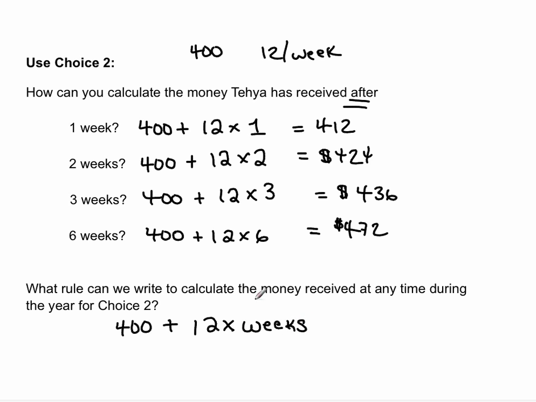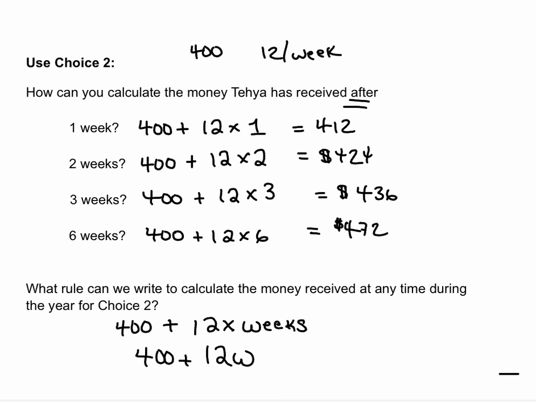I don't have to do a pattern to figure it out. I can just use the number of weeks and plug it into this formula, and then I'll know how much you get. Not formula, algebraic expression. So instead of writing the word weeks, I'm actually going to give it a variable. And I'm going to get rid of the multiplication sign.